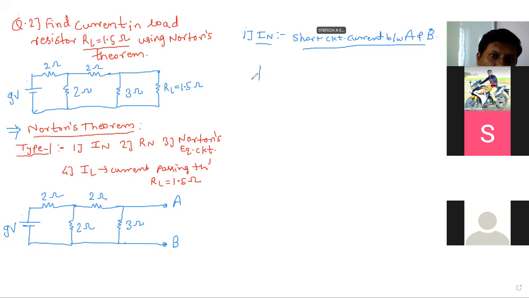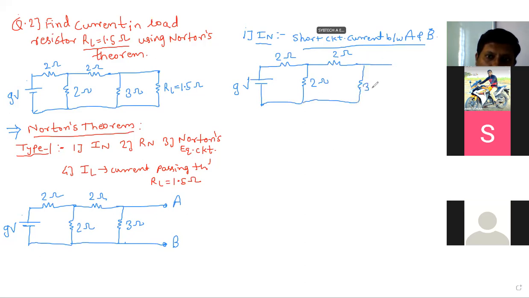While finding the short circuit current, we have to modify the circuit. This is 2 ohm, this is 2 ohm, this is 2 ohm, and I will draw this 3 ohm and short the A and B terminals.